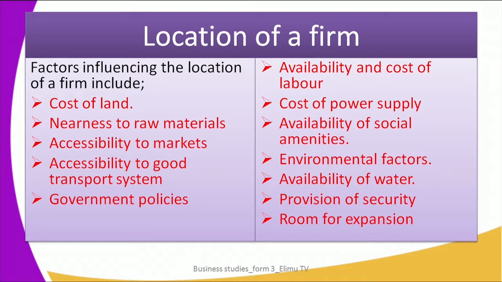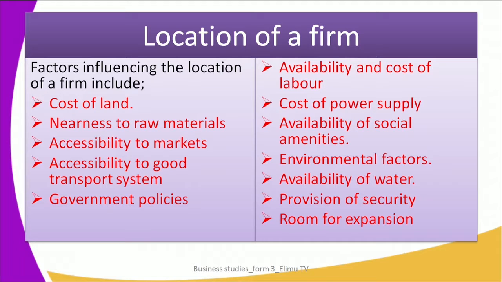The other one is the cost of power supply. When we talk of power, it's all about electricity. Because remember, the machines that will be used in the farm will need power. Some machines, actually a majority of machines, cannot work without using power. So power is very important.